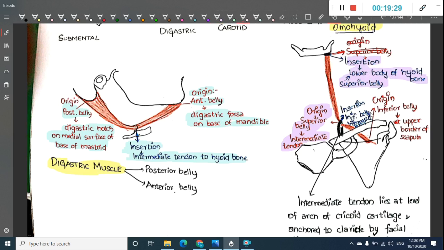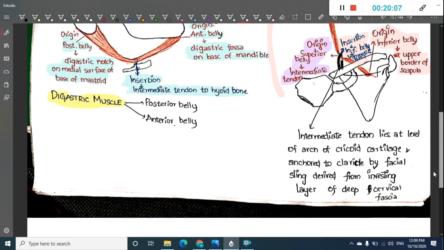The inferior belly originates from the upper border of the scapula and inserts into the intermediate tendon, whereas the superior belly originates from the intermediate tendon and inserts into the lower border of the hyoid bone. So it is like a continuation from below upwards, right?